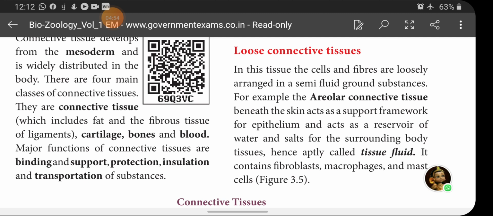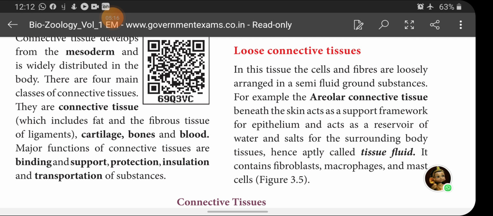Areolar connective tissue is called tissue fluid because it is present beneath the skin, acts as a support framework for the epithelium and is a reservoir for water and salt. And the cells present in the loose connective tissues are fibroblasts, macrophages and mast cells.